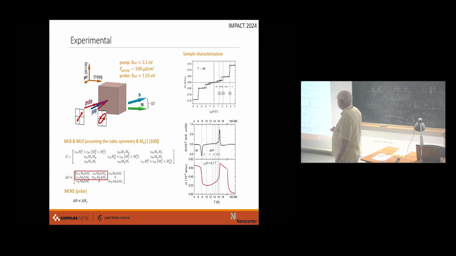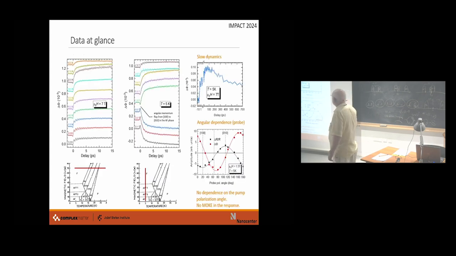And we have magnetic linear birefringence and dichroism, which gives sensitivity to changes of magnetization along the x direction, so longitudinal. There is also the possibility to see transverse, but as soon as you have tetragonal symmetry, this will be quadratic. So the main contribution you expect is due to delta mx, so longitudinal.